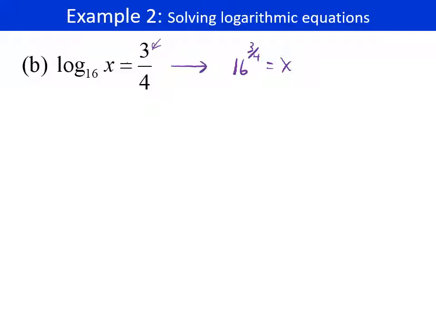Let me remind you that it's the same as the 4th root of 16 cubed. That's what the 3/4 means. The 4th root of 16 is 2, and 2 cubed is 8. So we have solved to get x equals 8.